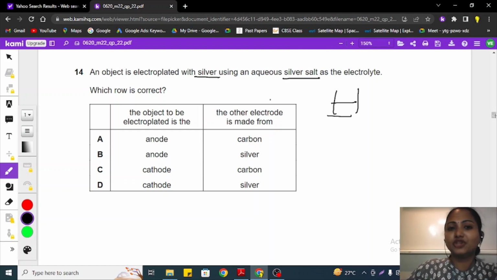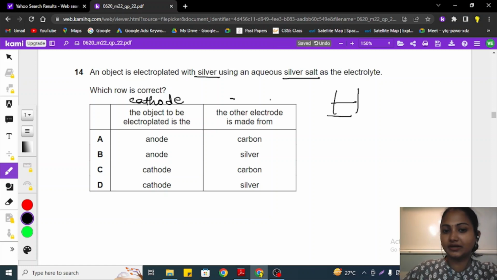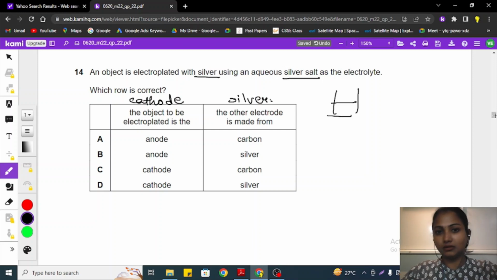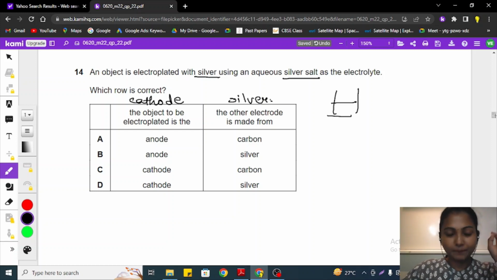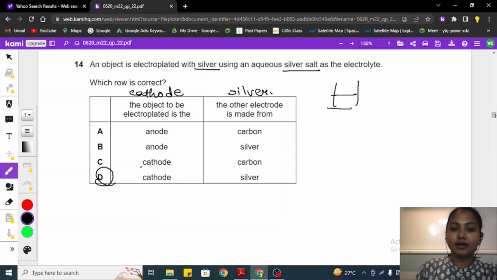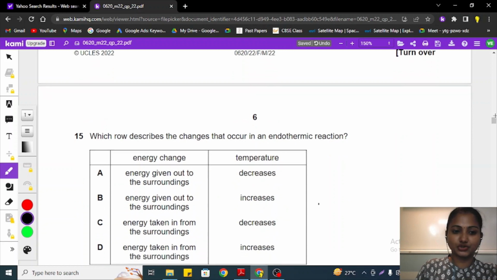Now always remember, the object which needs to be electroplated, any desired metal, will always come at the cathode, and for the other electrode, as we want silver to be electroplated, it will be silver. If we had gold, then the salt should be of gold, and then we have gold on the other electrode. So the cathode is the object to be electroplated and the other is silver, so D is correct.